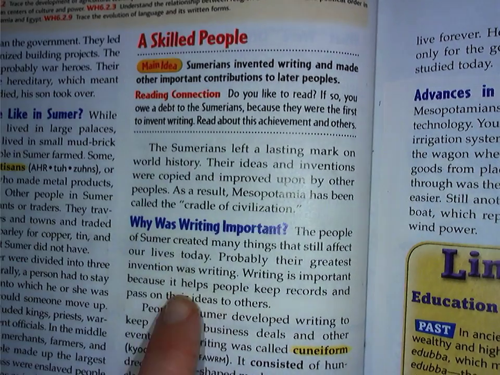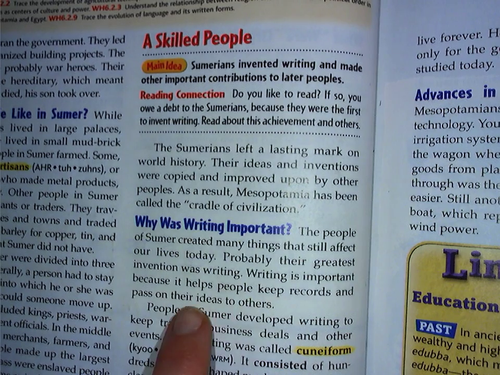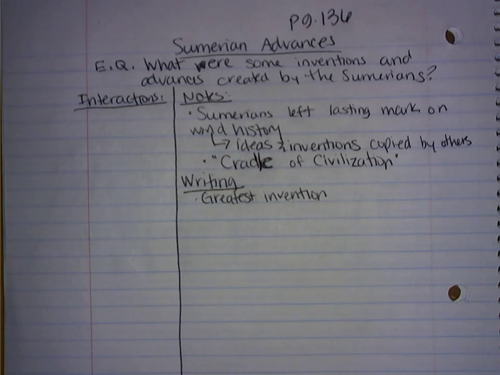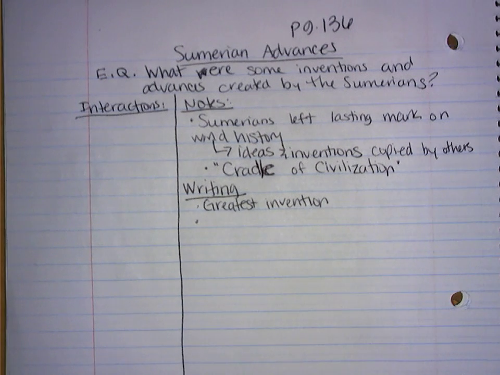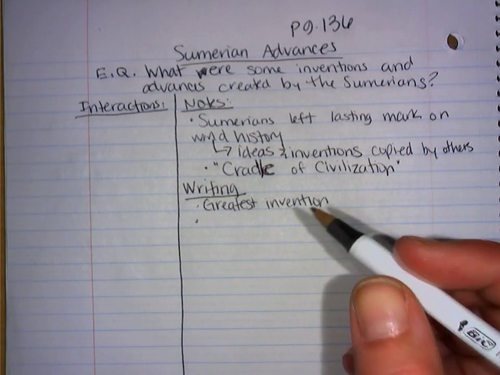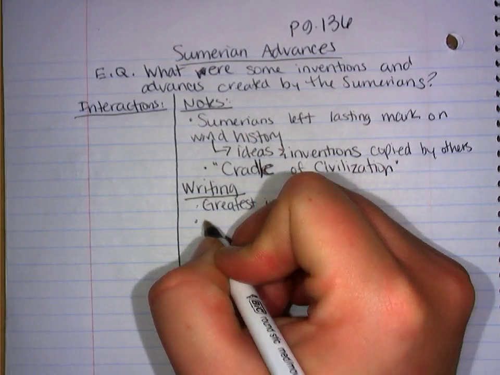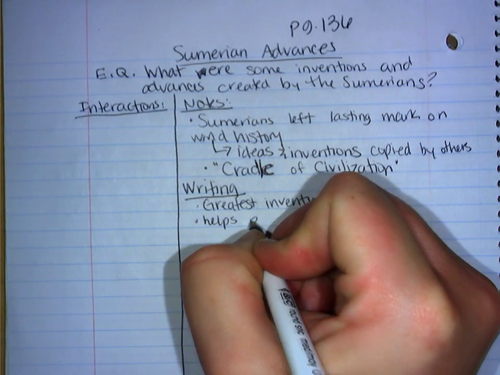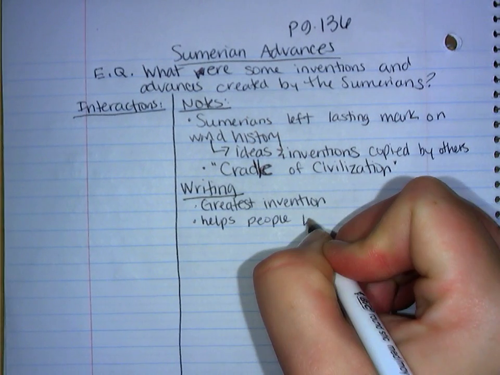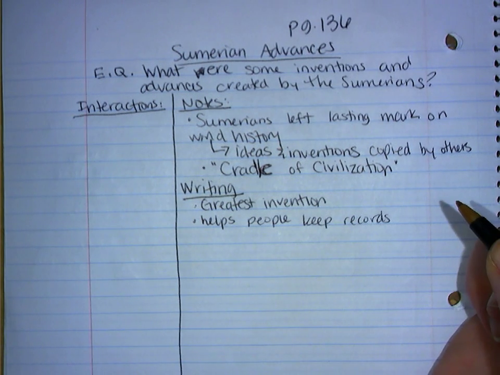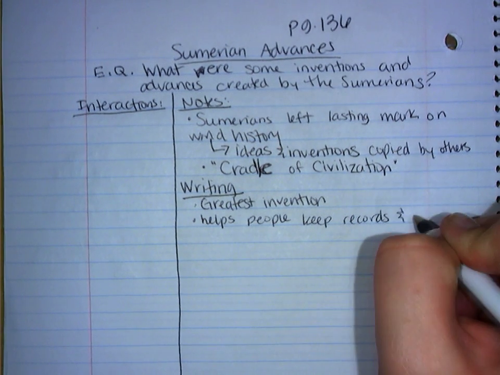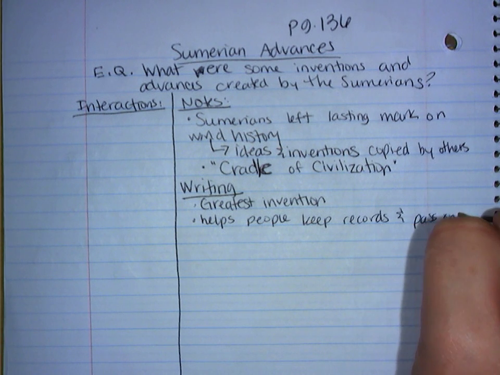Writing is important because it helps people keep records and pass on their ideas to others. So I'm going to add that information here. Helps people keep records and pass on ideas.